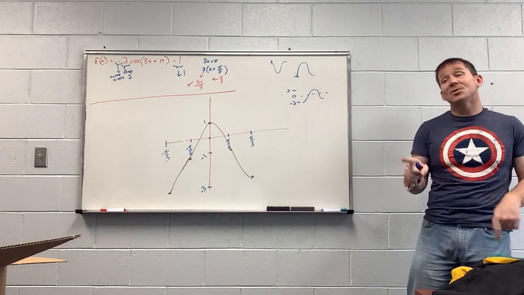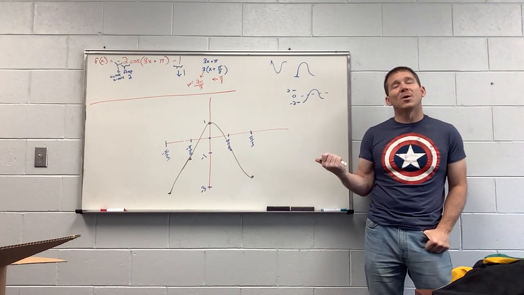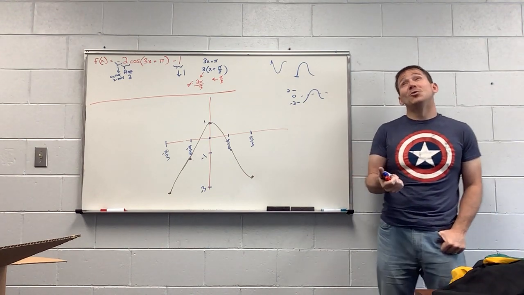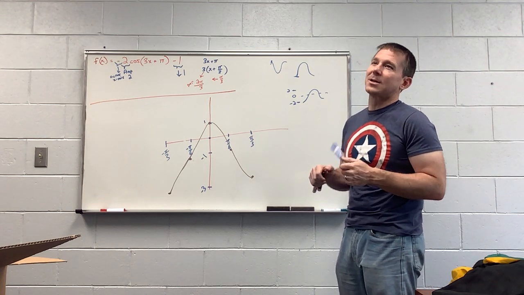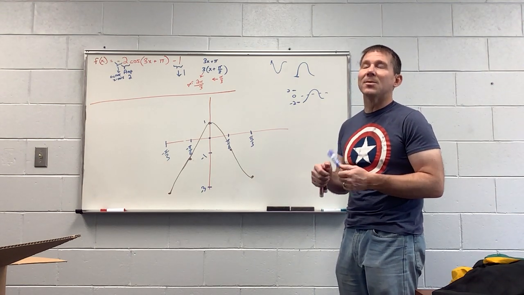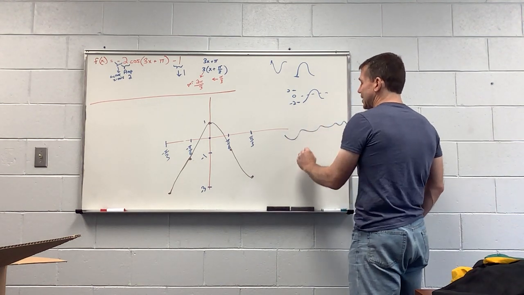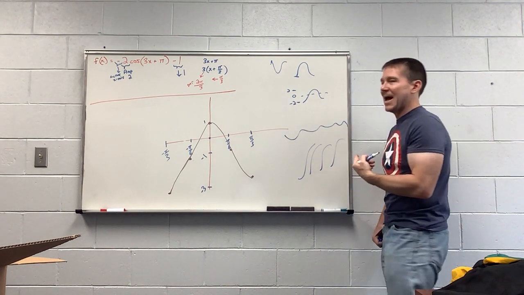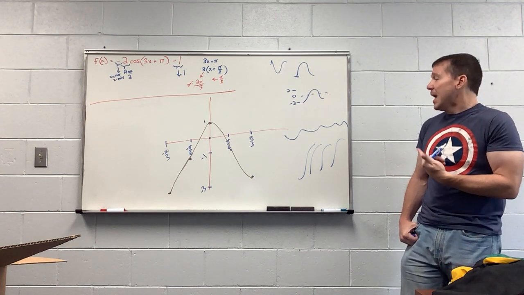Again, I do stress here, your book will sometimes say draw 2 periods of this. If you want to, you can. For some of you, clearly, I'm going to be honest, it looks like you're just using Desmos or your graphing calculator to graph it, and I see graphs that look like this, or like that, which makes me think you're just copying it off of something.